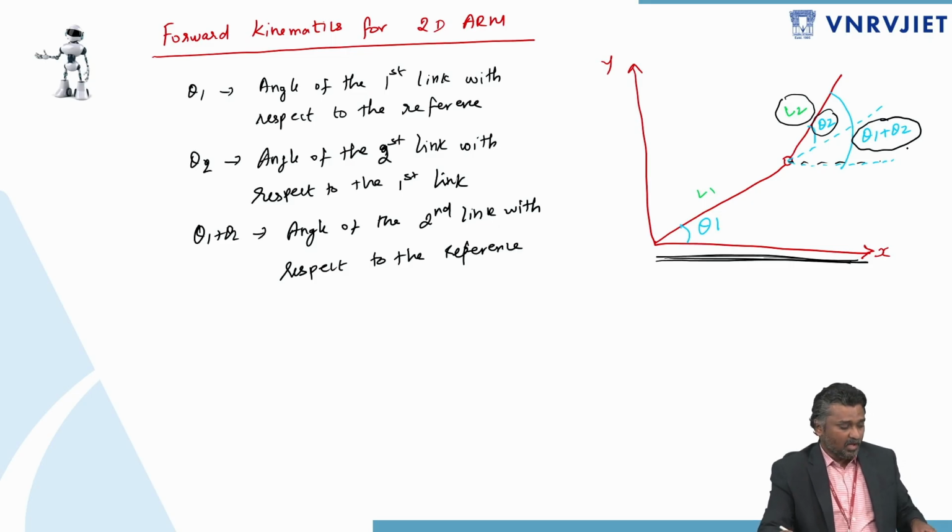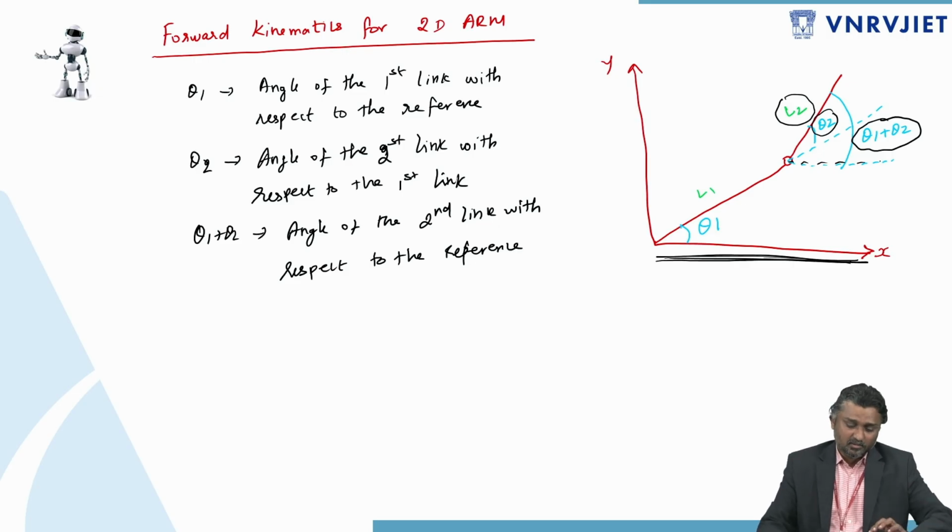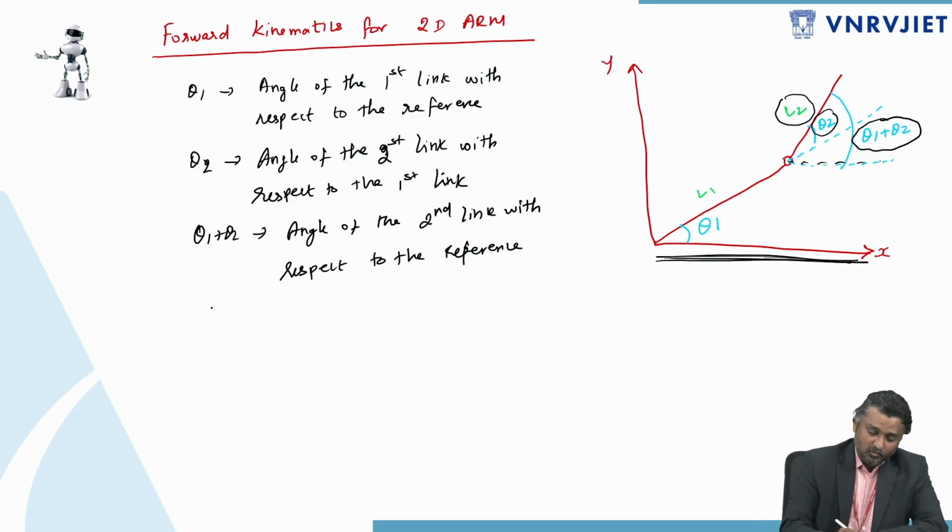Now, how to calculate the x distance and y distance? I already told you how to identify the end effector position in forward kinematics. So in forward kinematics, how do we calculate the x distance and y distance? First we will check the x distance.